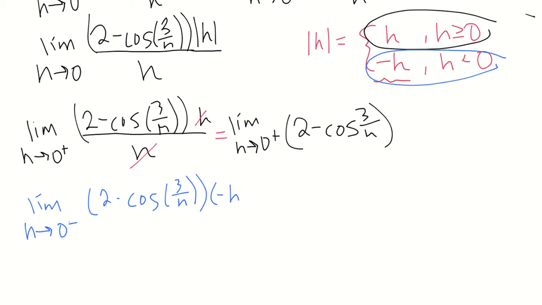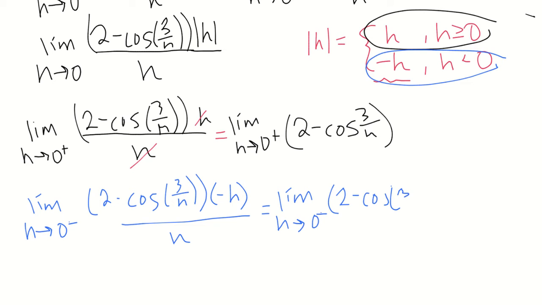So times negative h over h, which is going to be the limit as h goes to 0 from the negatives of 2 minus cosine of 3 over h. And then negative h over h is negative 1, so times negative 1.